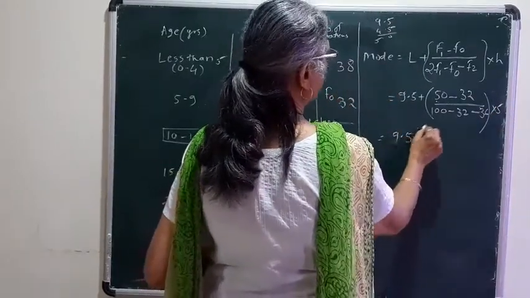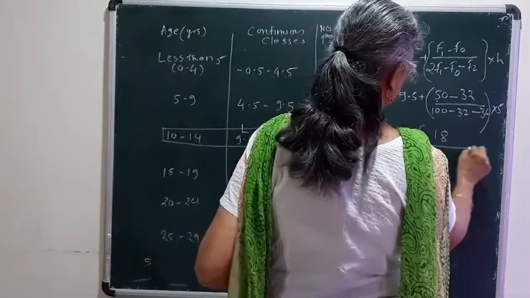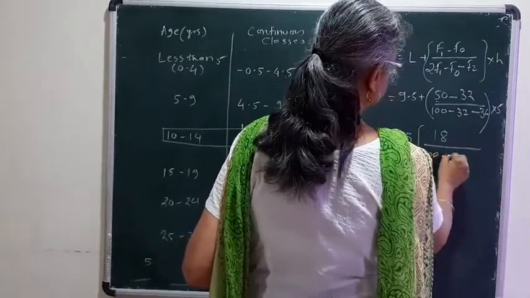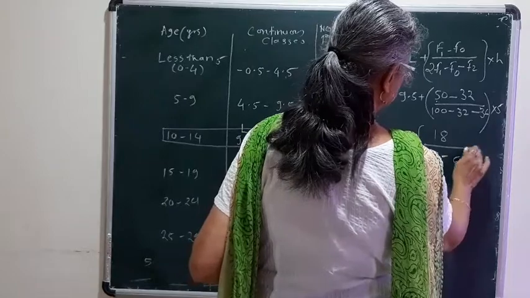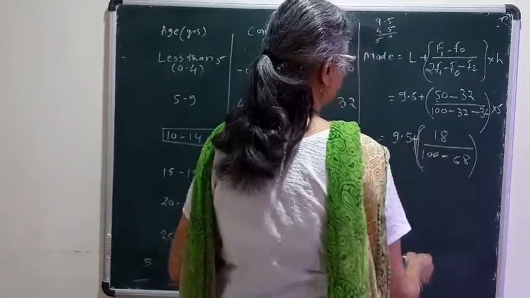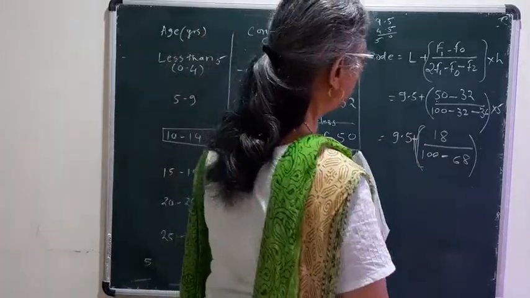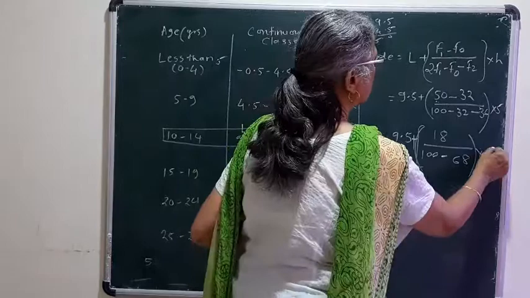So 9.5. Here it will be 18. 100 minus 68. Here plus sign is there. 9.5 plus 18 upon 100 minus 68, into 5.